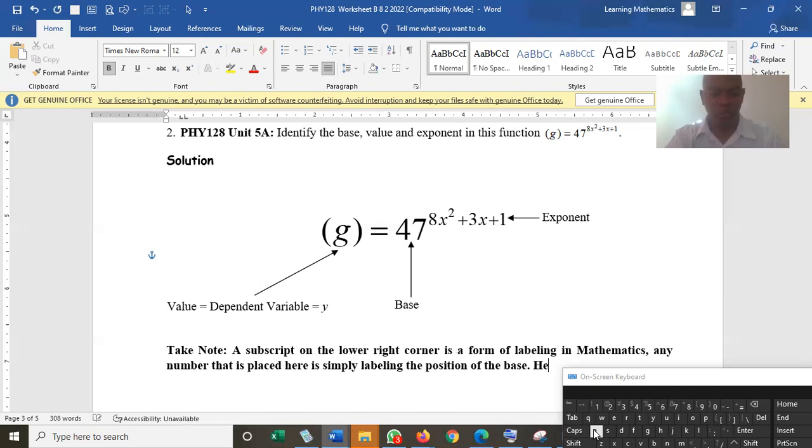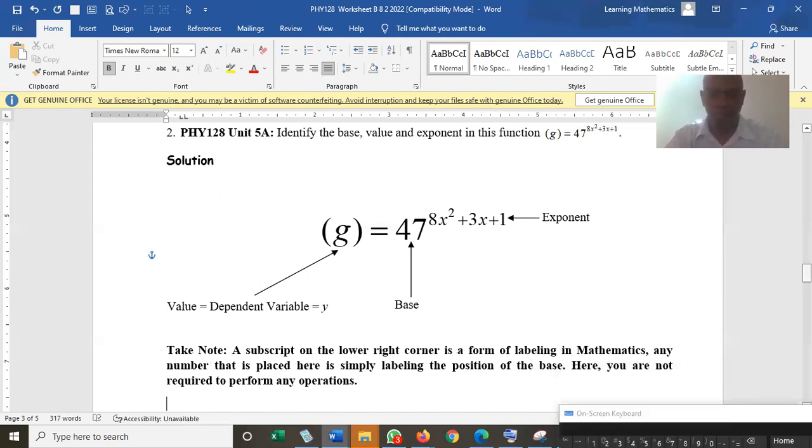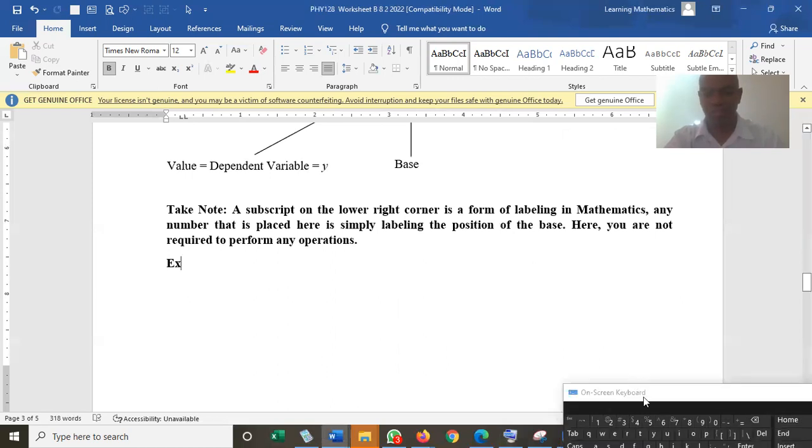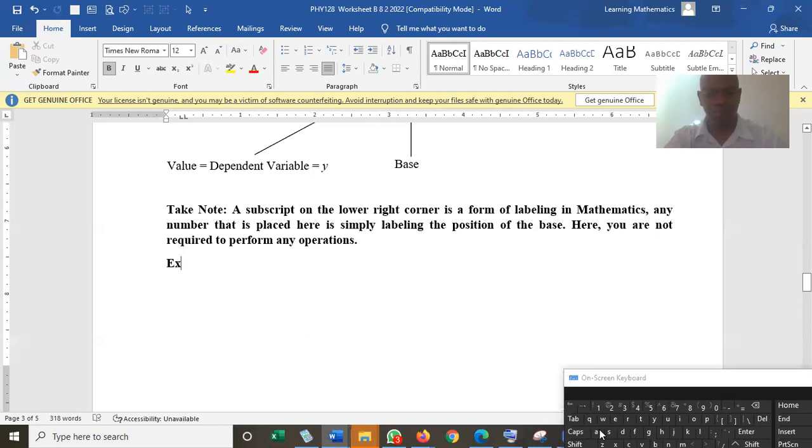Here you are not required to perform any operations. So never forget that. Anytime you see a subscript on the lower right corner, it is a form of labeling. You are not required to perform any operations.